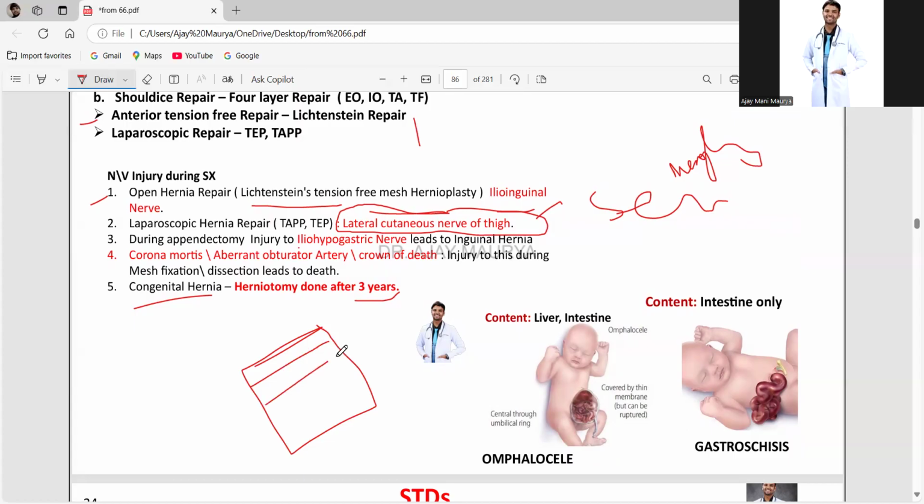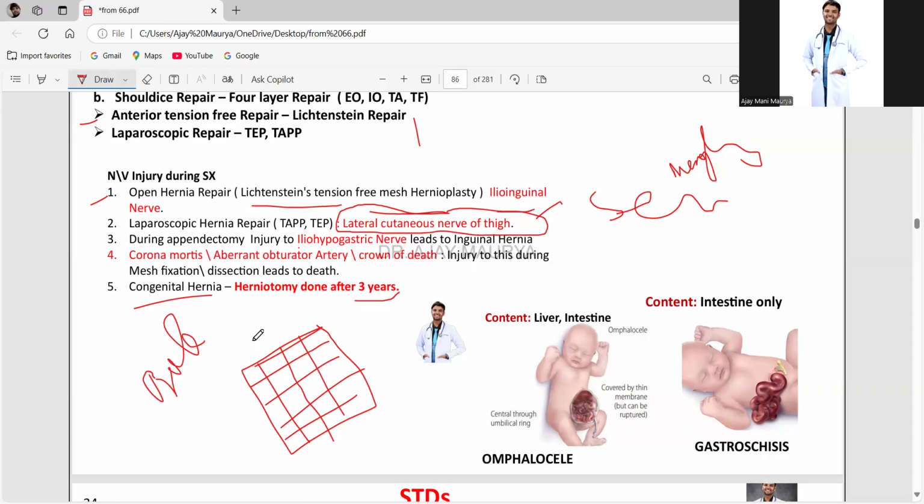For the mesh, guys, please search in Google. For the mesh we are going to use polypropylene. It is the material made up of prolene. Why are you going to insert this repair mesh?